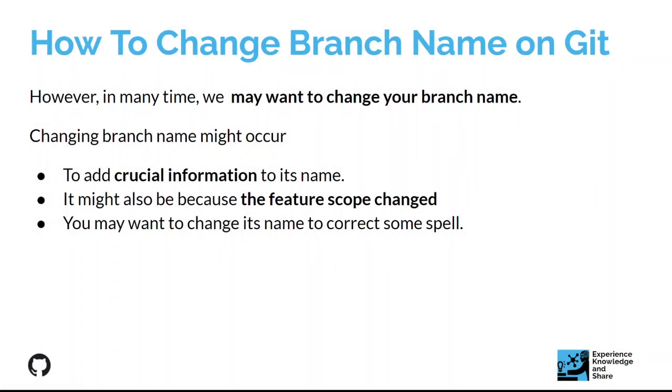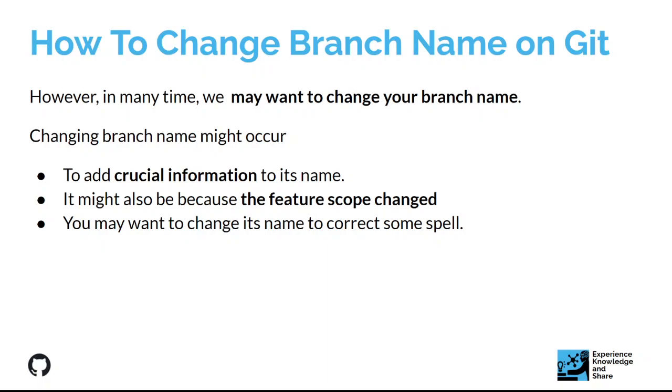However, many times we want to change our branch name. Once we give a name and suddenly some concerns come up, we want to change it. It gives a good annotation to the team, so they can understand what the branch belongs to. Changing the name may occur when we add crucial information that can be denoted by the name itself, or because of a feature scope change.